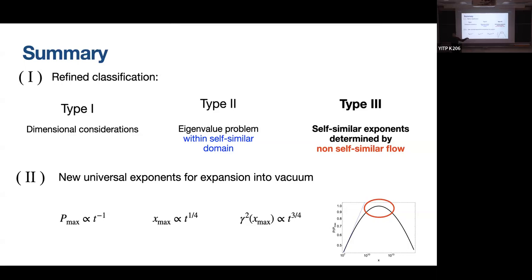Yes, of course, at some point you can imagine that the profile will become not valid. But because the pressure gradient changes, even the signature of the pressure gradient changes according to the type of solution, I expect some difference for the deceleration behavior.